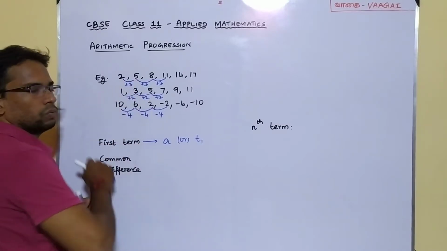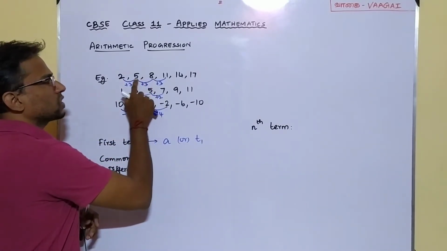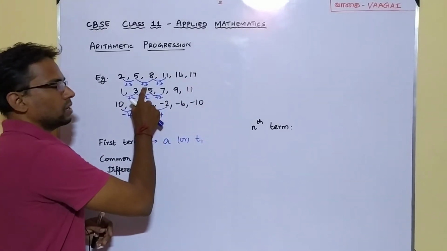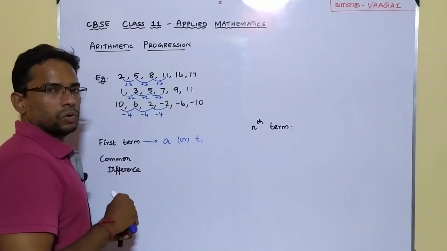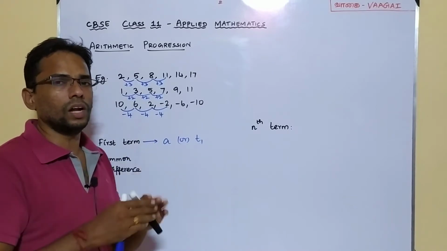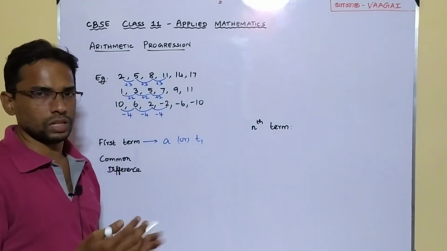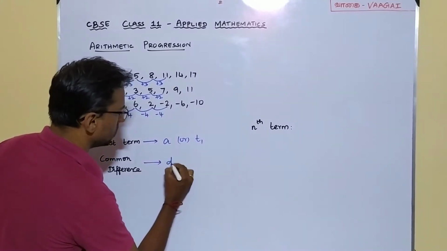So 5 minus 2 will be 3. That's the common difference. Or another way, 8 minus 5 I can do, the third term minus the second term. That will be 3, which is again the common difference. Or 11 minus 8. If you take any term and its previous term, the difference would give us the common difference of our arithmetic progression. That's it. This common difference is notated as D.